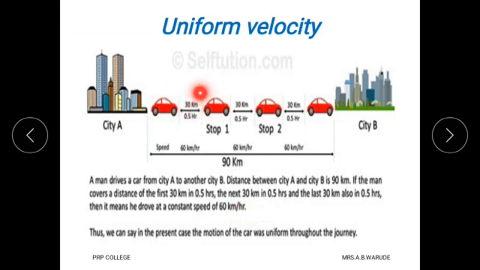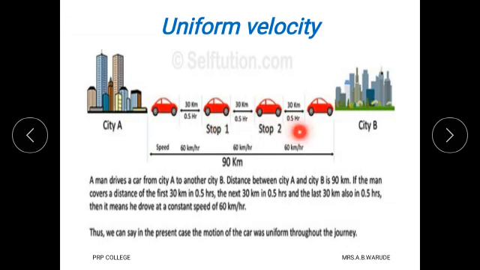See here, the distance is 30 km upon time is half an hour, and therefore we get the speed as 60 km per hour. And thus we can say in the present case the motion of the car was uniform throughout the journey.